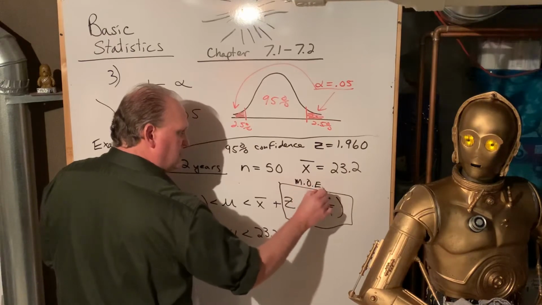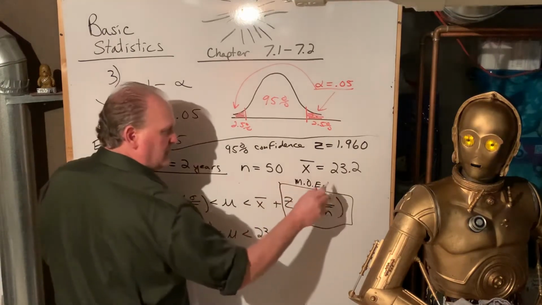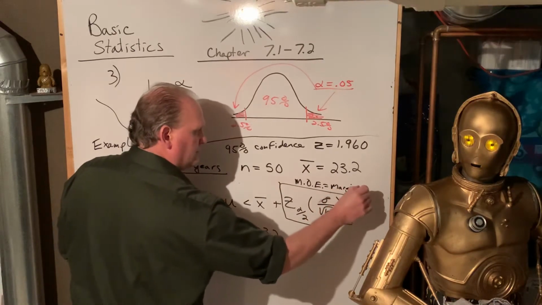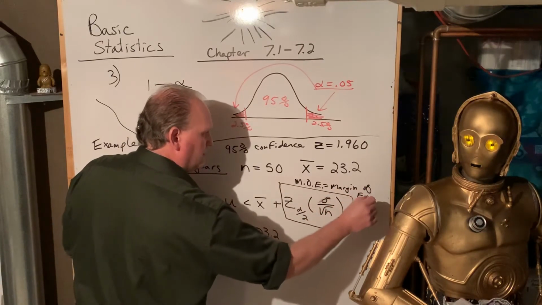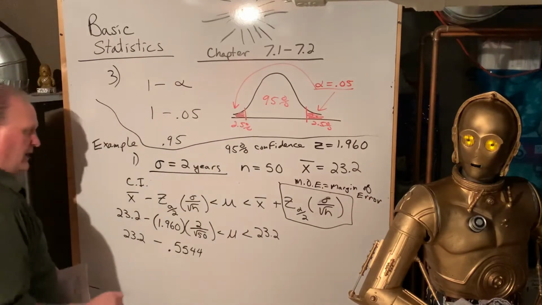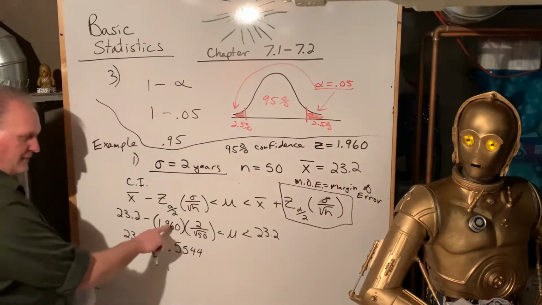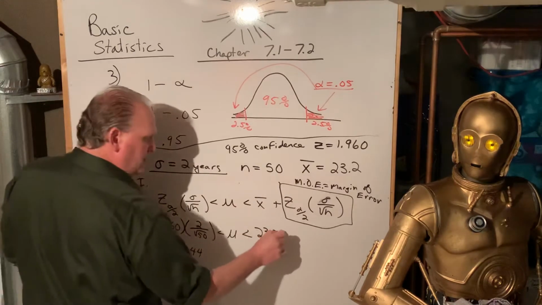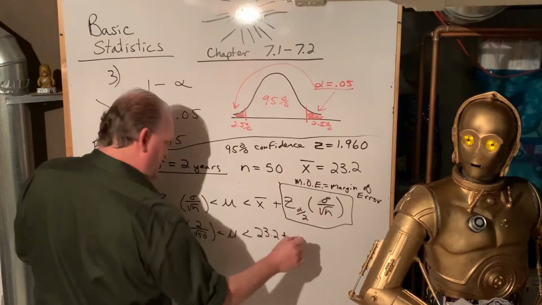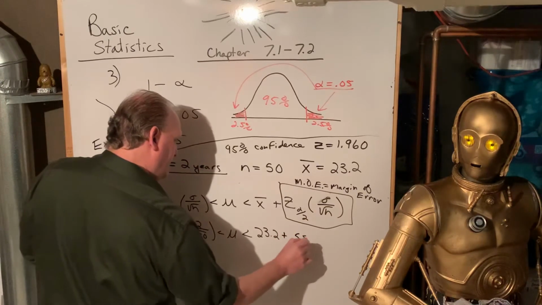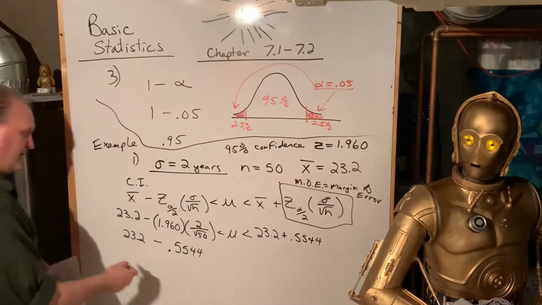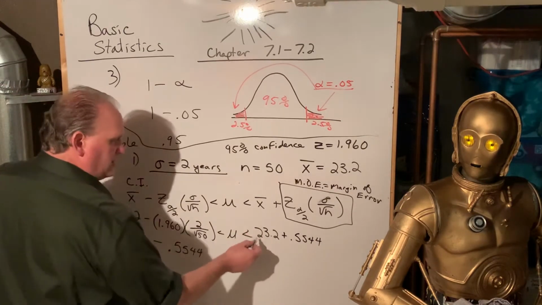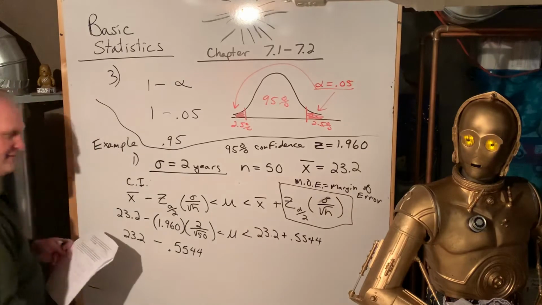So if you're a Three Stooges fan, hey Mo, margin of error. All right. And so we know if you put this into the calculator, it's going to kick out 0.5544. So we already know that's what's going on here. It's going to be the same, 0.5544. And now 23.2 minus the 0.5544 and 23.2 plus the 0.5544.